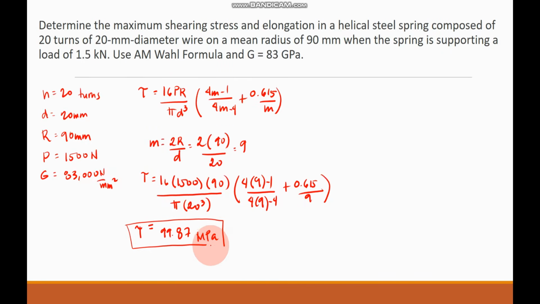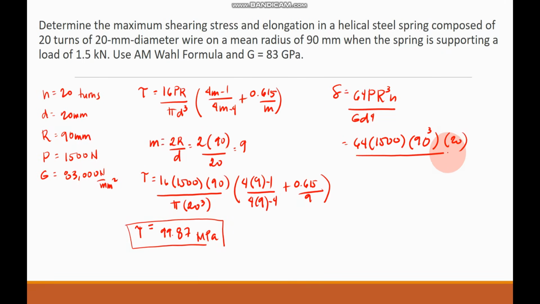And then let us now proceed to the elongation, in which the elongation is equal to 64 multiplied by the load, then r raised to 3 multiplied by n all over G d raised to 4. So 64, our load is 1,500 Newton. Mean radius is 90 raised to 3. Number of turns is 20 all over.